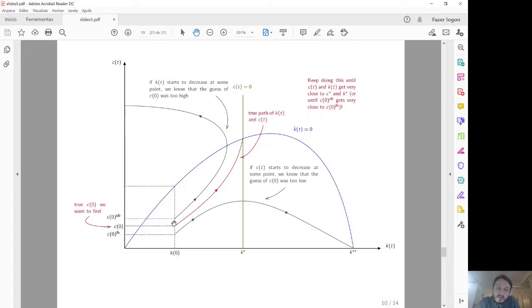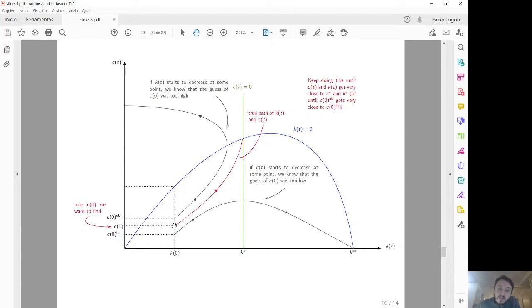So we can do this many times. And there are two possible rules that say when we will stop. So we can stop making the interval of possible consumption smaller when we get a path in which consumption and capital get very close to the steady state consumption and capital. So let's say that we are doing this procedure and then we guess a value that is very, very close to the C0 here.